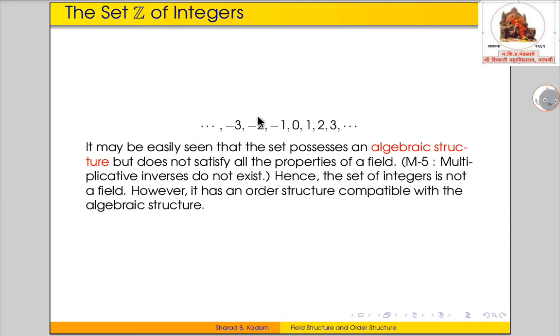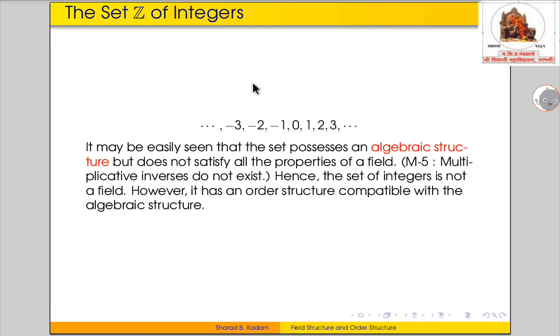As we know that addition and multiplication of two integers is always an integer, so we can define addition composition and multiplication composition in the set of integers. That is why the set of integers has an algebraic structure, but it is not a field because except 1 and minus 1, every element in the set of integers does not have a multiplicative inverse.